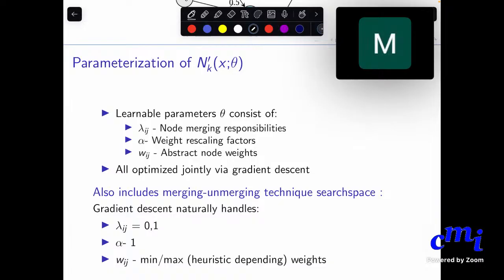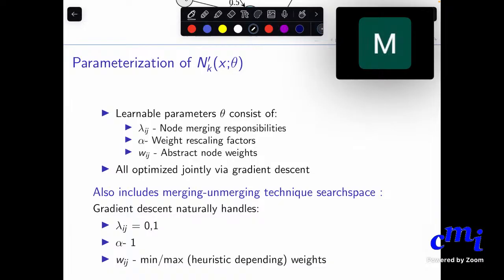This technique's search space also includes the merging search space, because if lambda ij is either 0 or 1, it is exactly like merging, either it is merged or not merged.